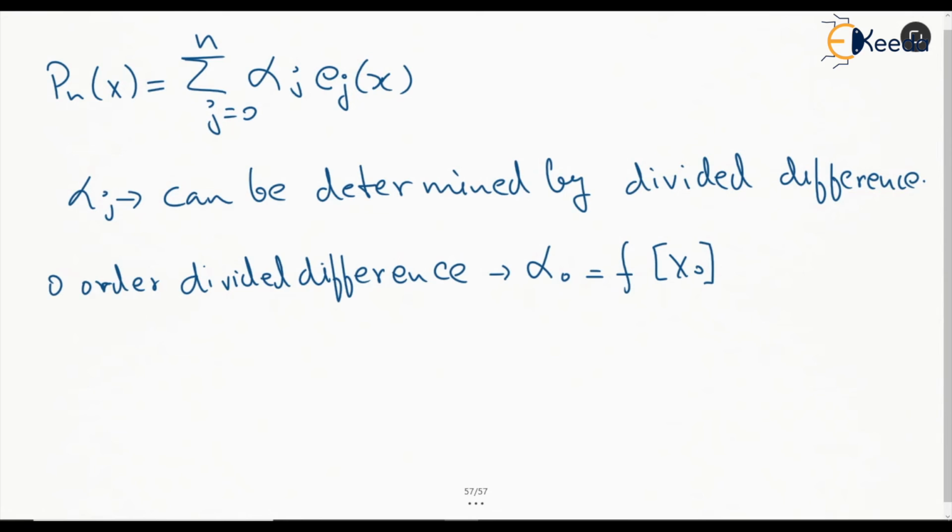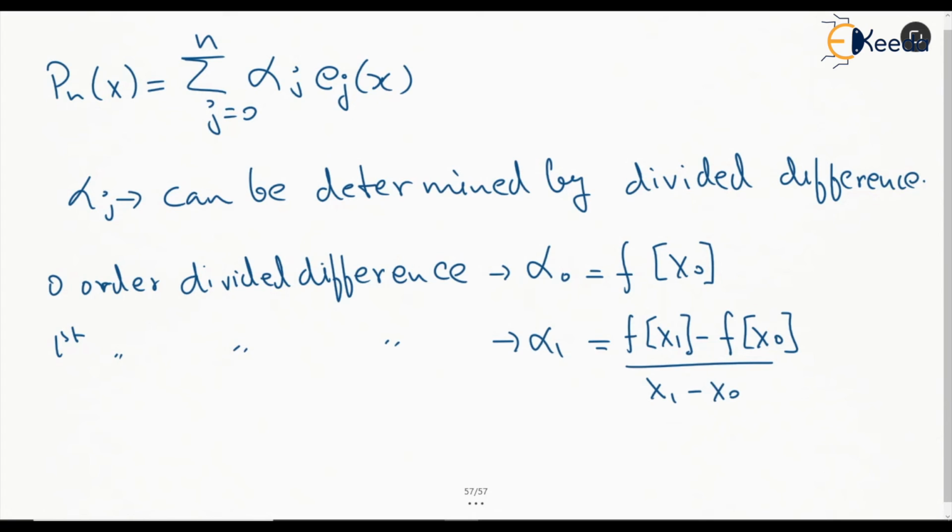And then the first order divided difference, which will be alpha 1, is given as f(x1) minus f(x0) divided by x1 minus x0, which we write as f[x0, x1].